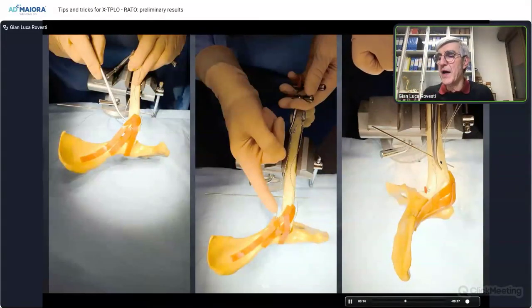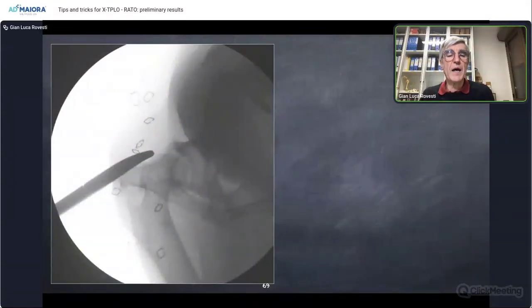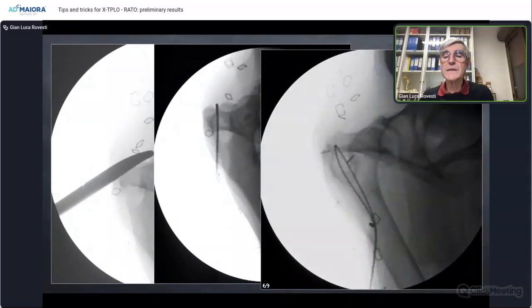And this is a very beautiful technique because of the kind of cut that we can perform. This is a fluoroscopic picture during the procedure. So we can position the K-wire in the trochanteric fossa and start performing the cut, passing the saw underneath the K-wire here.